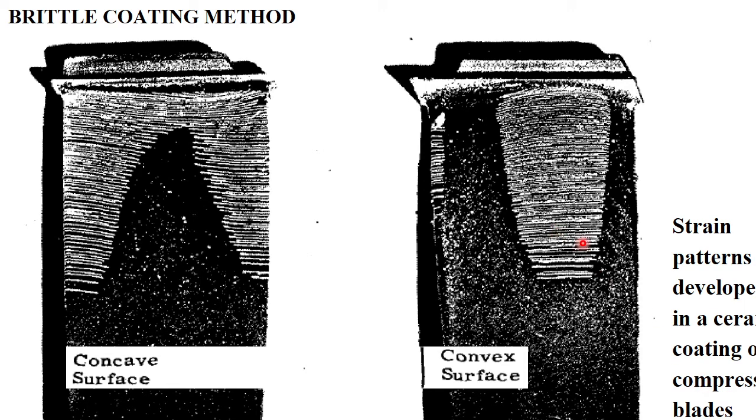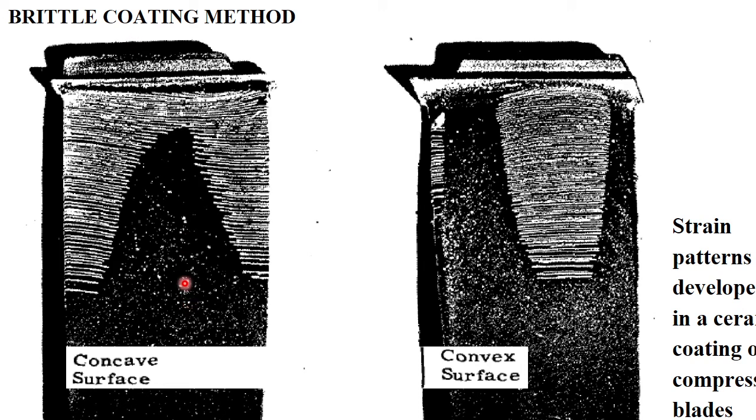Initially, when they are at rest, these blades are painted. When they are rotating, they will suffer some stresses and corresponding strains. That strain will produce this type of crack on the brittle coating.